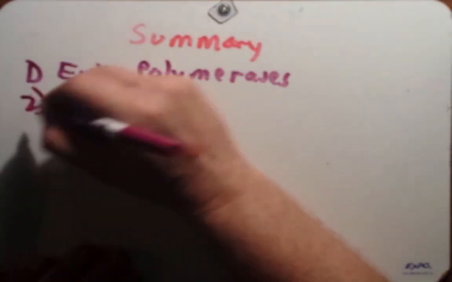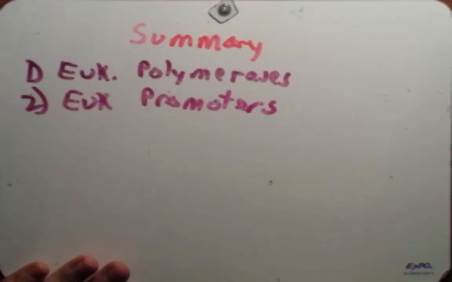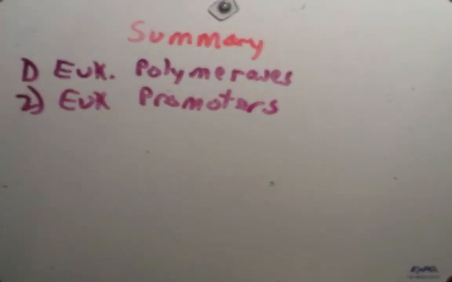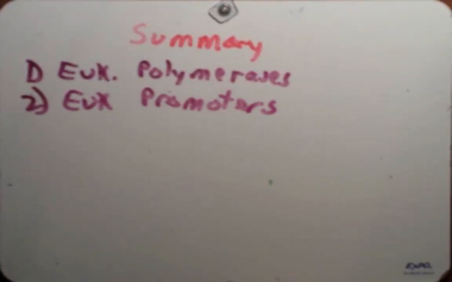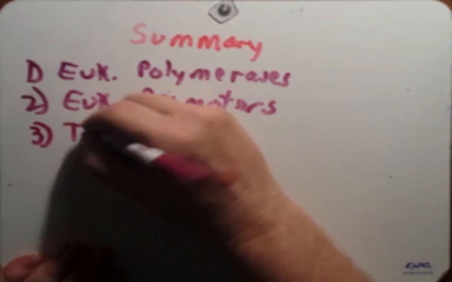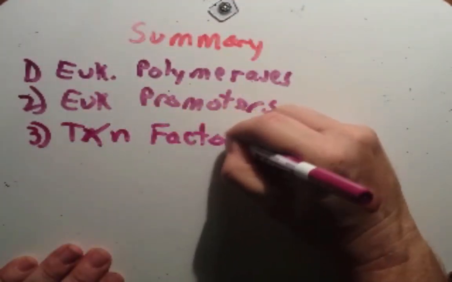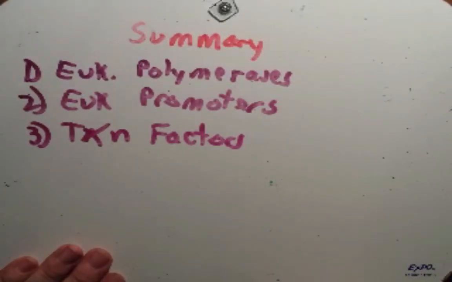We also talked about eukaryotic promoters and how they are different, how they have the core promoter with the TATA box and then the regulatory sequence where the silencers and enhancers combine, and how that can raise transcription levels significantly. We talked about how those transcription factors can bind to the core promoter to enhance this transcription.